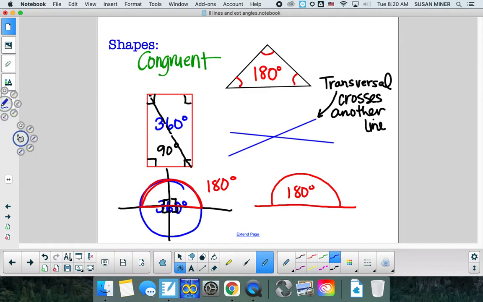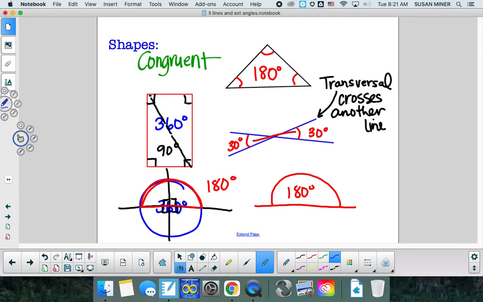And when we have two transversals crossing, here we have two transversals, these angles that are formed are kind of special angles because any angles that are straight across a transversal from each other are the same number of degrees. And so if this angle on the left-hand side is 30 degrees, then the one straight across from it on the right-hand side is 30 degrees. We call those vertical angles, and we're going to talk about those today. That's one angle relationship that we're going to talk about today. We call them vertical angles because they're straight across the transversal from each other.